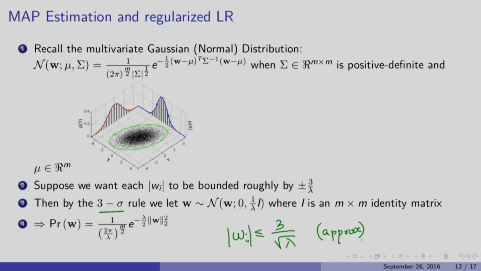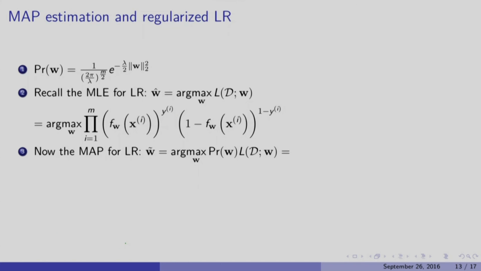So most, 99%, of the Wi's will lie in this interval. Lambda is basically the precision. If we know W very precisely a priori, we will start with a very high value of lambda. So this is a specific form for the prior of W.